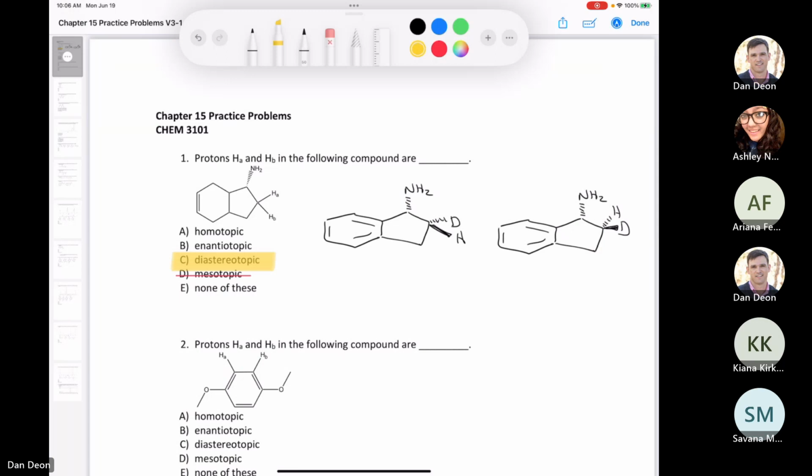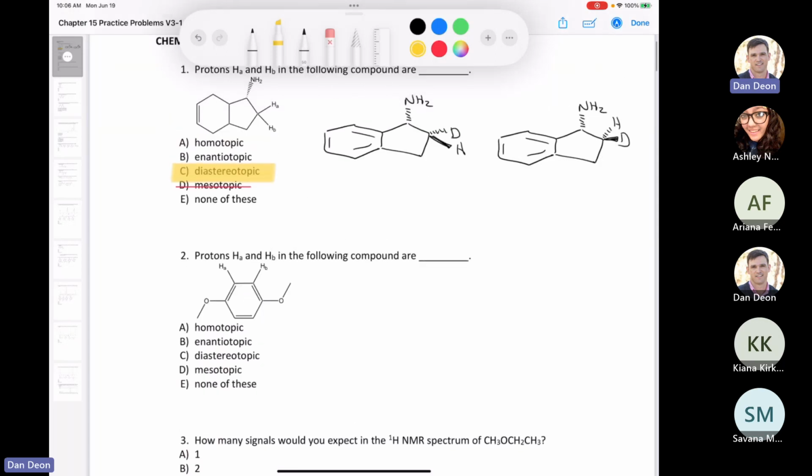All right. The next one, it says protons HA and HB in the following compound, homotopic, enantiotopic, diastereotopic, or mesotopic. Well, again, there's no such thing as mesotopic, so we can scratch that off of there. We can also scratch off diastereotopic because there's no chiral center in the molecule. Now, homotopic versus enantiotopic. Well, with homotopic, we look for an axis of symmetry.